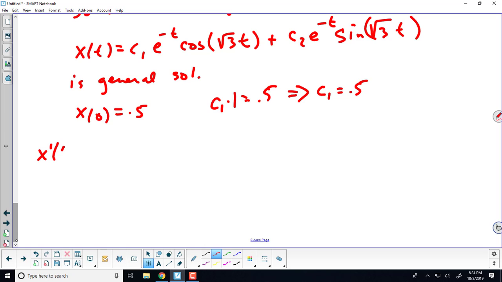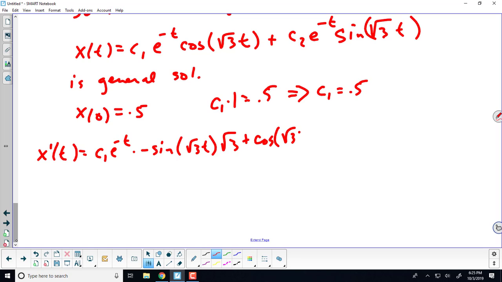So let's see here, x prime of t would be my first times the derivative of the second plus my second times the derivative of the first. So it's the derivative of the first term plus, now again, a product rule, so here we go, c2 e to the minus t, there's the first factor, times the cosine of the square root of 3t times the square root of 3.